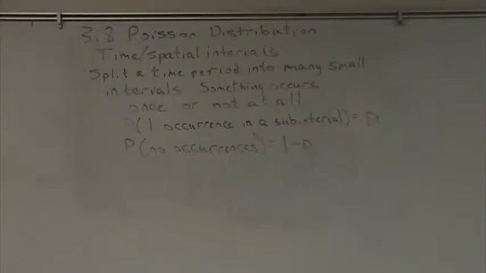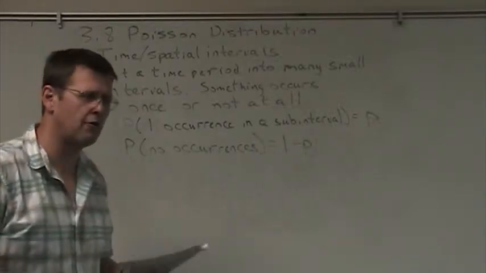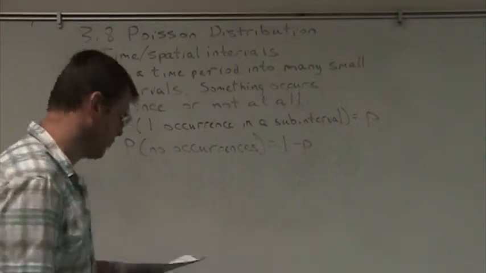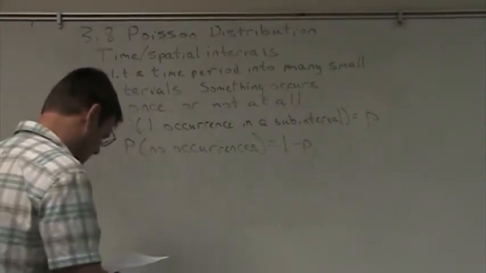Well, from what we did in the hypergeometric, you may start thinking that there's a relationship here to the binomial or the geometric, and you would be right. It actually is a relationship to the binomial.